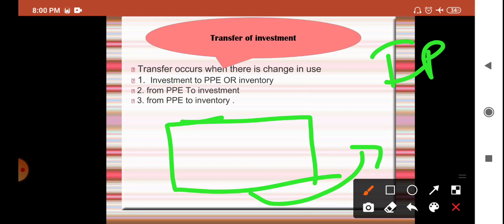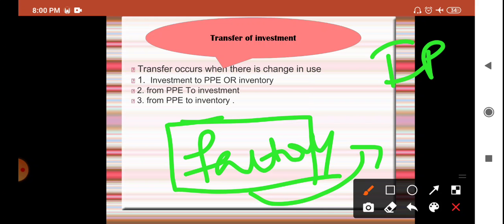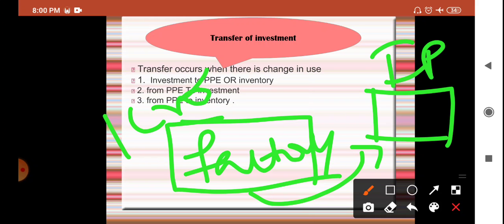Investment property means either I will let it on rent or I will wait to sell it in expectation of a higher price. For example, this factory is worth 1 crore. When the prices are high, it will become, for example, 2 crores.